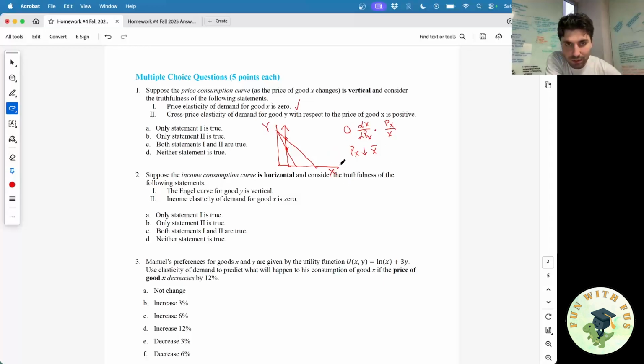And then the cross price, do a little crisscross cross price elasticity of demand with respect to the, okay, so what am I looking at? I'm looking at dy, because it's asking about good y with respect to the price of good x. Dpx is positive.